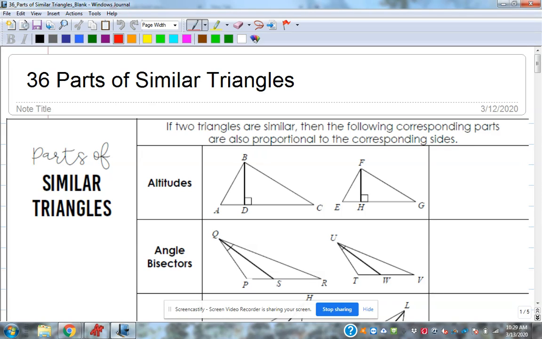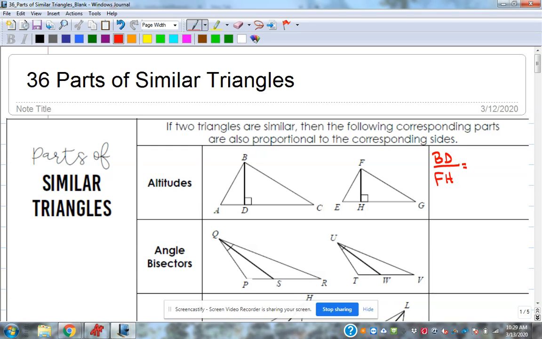So if two triangles are similar, then the corresponding parts are also proportional to the corresponding sides. So our altitudes should be proportional. Like BD over FH would be equal to a pair of corresponding sides. It depends on which ones you have, but you've got to have corresponding sides.